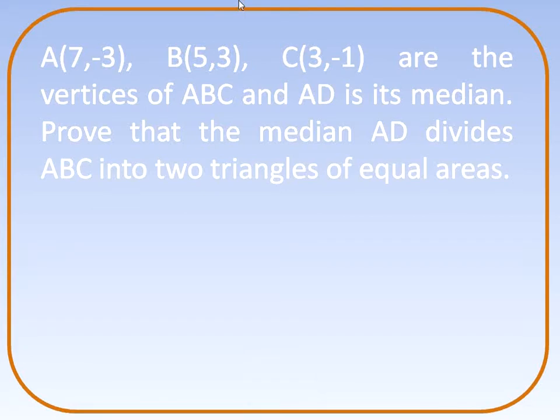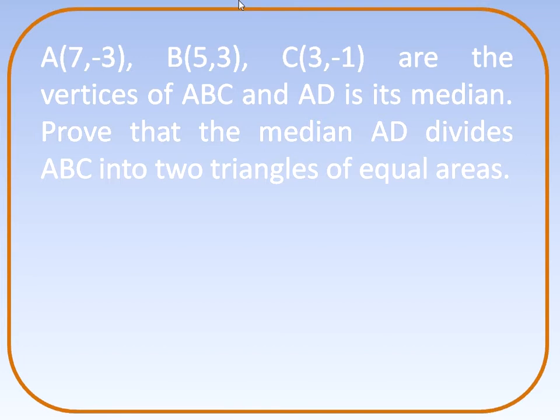Coordinate geometry of 10th class, chapter number 7. Question number is also 7. The question is: A, B, C are the vertices of triangle ABC and AD is its median. You can see the vertices.